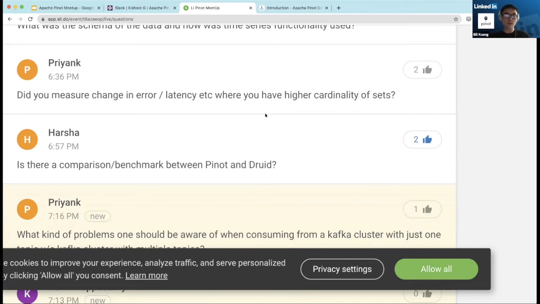I'd love to get a clarification. Is this error divided by latency, or error and/or latency? What we did measure is a change in error and latency as a function of the size of the sketch that we can tune at runtime.